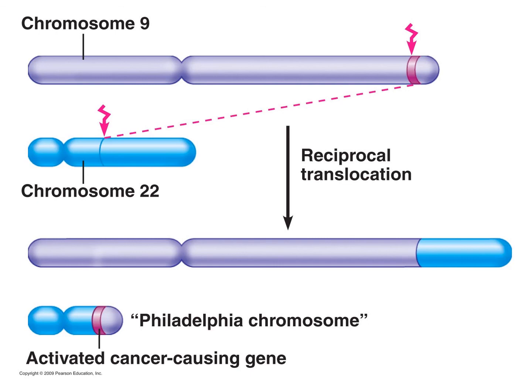And the piece from the telomere end of the long arm of chromosome 9 is swapped with 22. And that parks a cancer-causing gene right next to a very strong promoter. And that can result in a type of leukemia, right? So this translocation can cause a certain variety of leukemia.